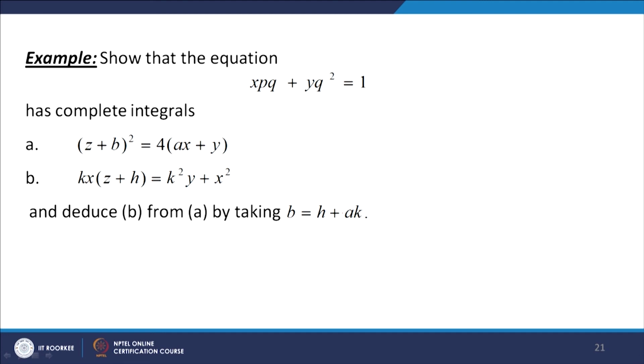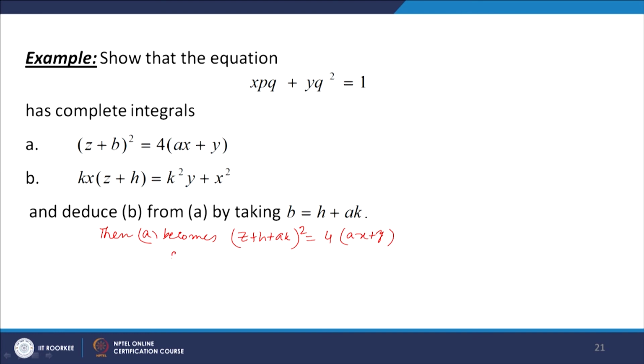So, let us take b equal to h plus a k. Then a becomes z plus h plus a k whole square equal to 4 times a x plus y.